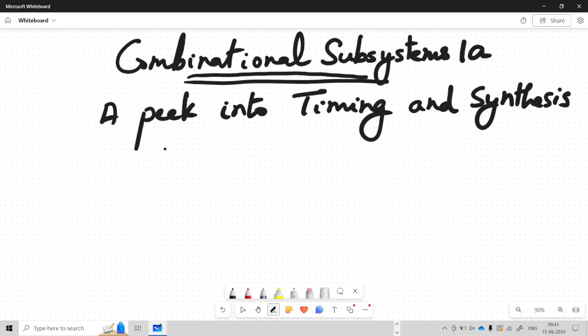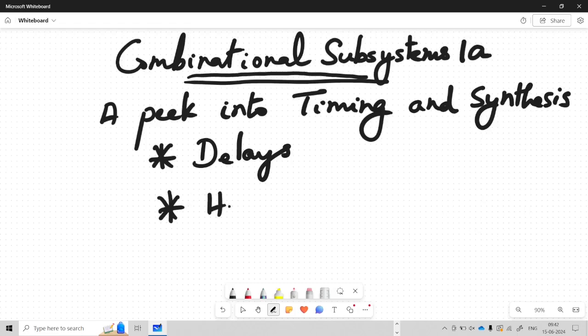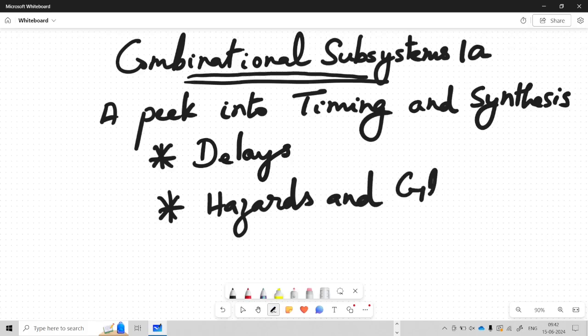So the agenda is as follows. First, we will look at delays in the context of combinational circuits. Next will be a brief introduction to hazards and glitches.